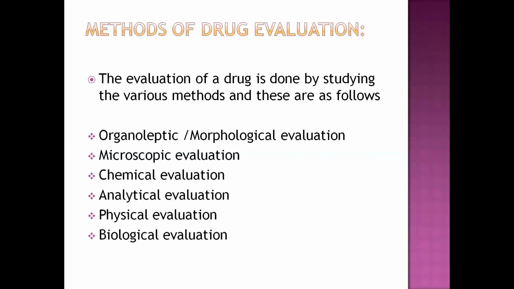In the physical evaluation, we study various physical parameters like viscosity, refractive index, optical activity, solubility, etc. Then comes the biological evaluation. This is done with the help of microorganisms. So now we are starting with the very first method, that is the organoleptic or morphological evaluation.